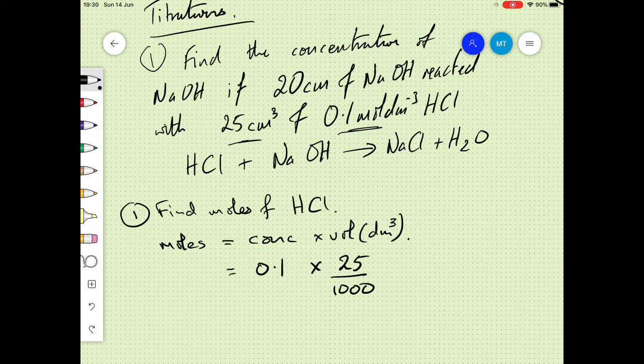And if you remember earlier, we said to do that, we need to divide by 1,000. So that should give us a value of 0.0025 moles of HCl.